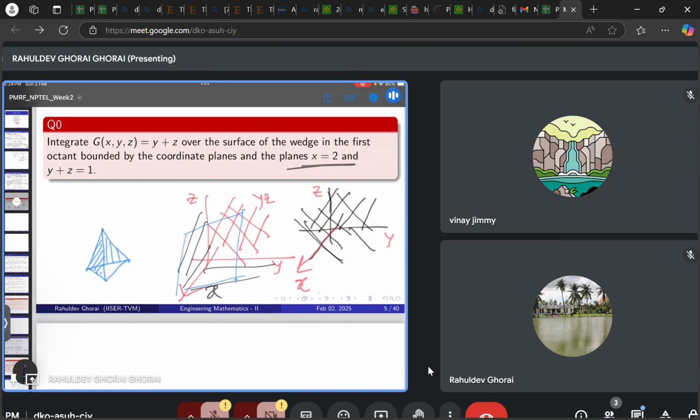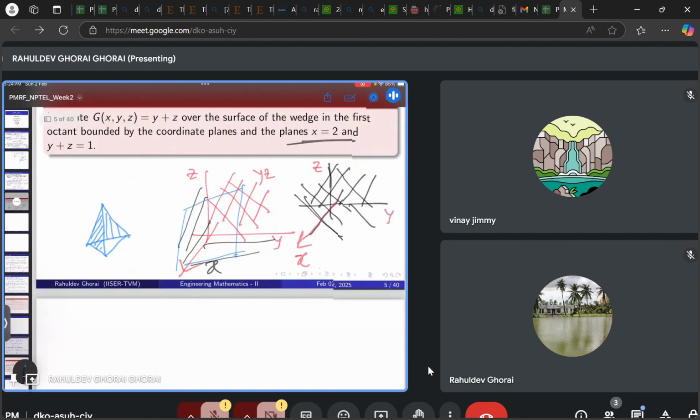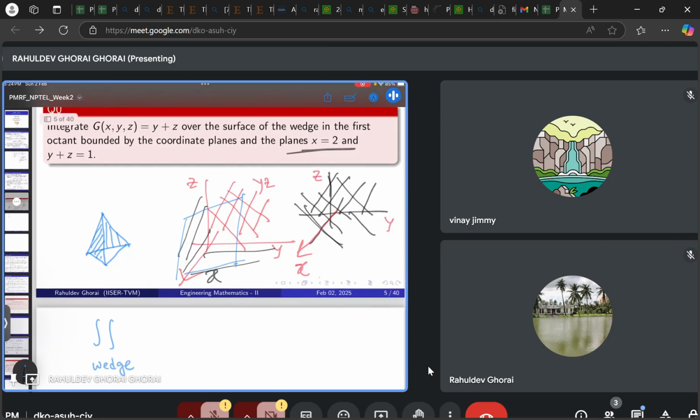You know the formula already, right? What you have to do is evaluate the integration over the whole wedge, the wedge in the first octant.